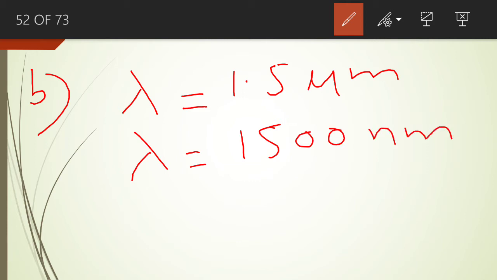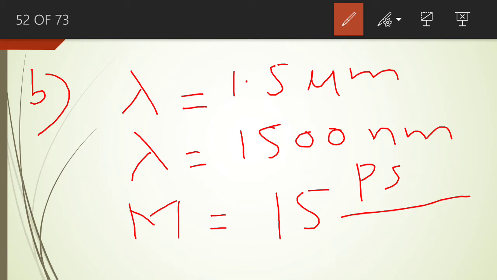We calculated the value of m in the previous example, and the value of m in the previous example was 15 picosecond divided by nanometer into kilometer.